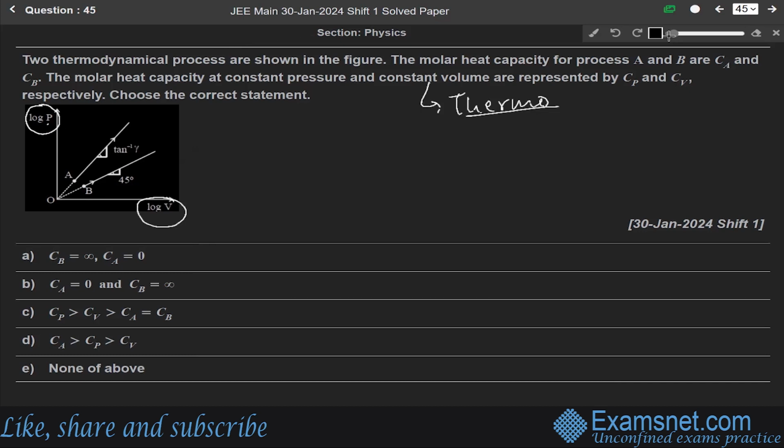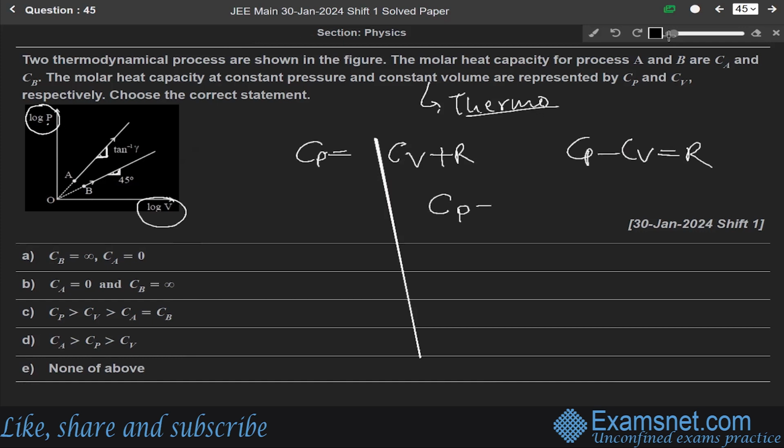The slope for process A is tan inverse gamma and for B is 45 degree. Now, we know a famous relation that Cp equals Cv plus R, or we can say that Cp minus Cv equals R, and also C equals Cv plus R over 1 plus gamma.